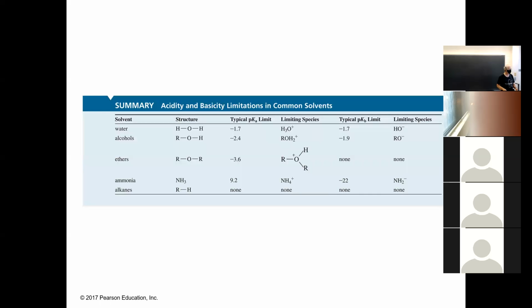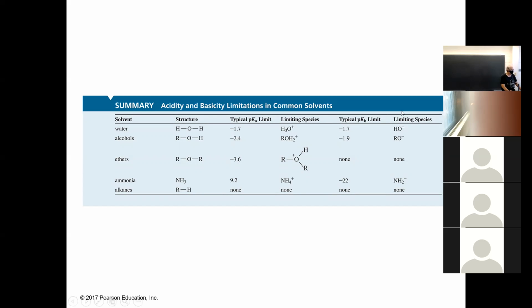So the solvent that you're carrying out an acid-base reaction in will limit either what acid or what base can exist.